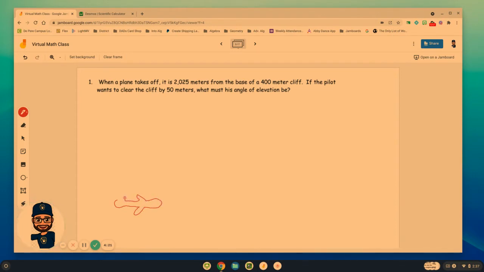I am just a regular old math teacher. The cliff that it's trying to avoid is over here. We know that this cliff is 400 meters tall, but the pilot also wants to make sure it goes 50 meters above that. It wants to clear it. The plane itself, we are told, is 2,025 meters away.